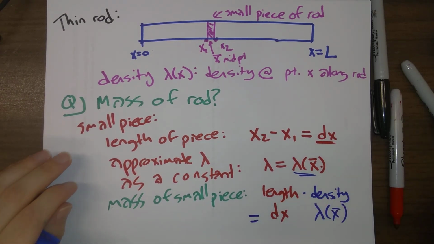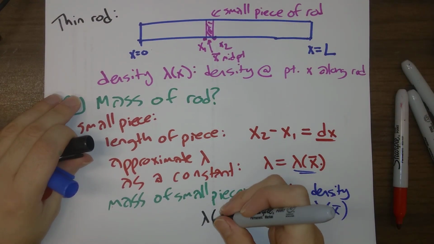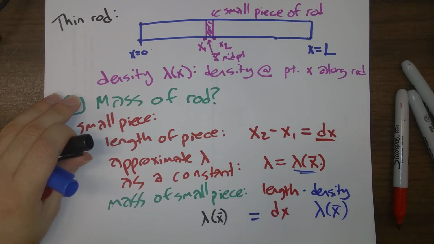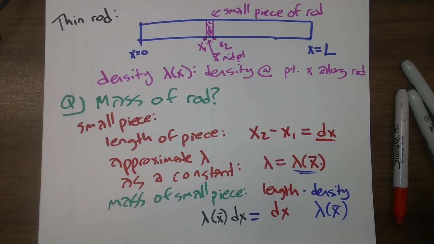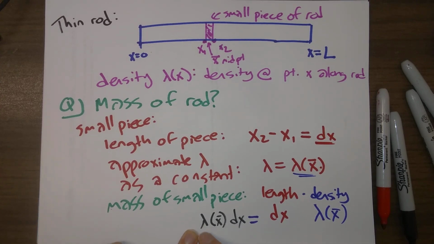Maybe it'll be a little more convenient for us to switch the order there, and put that dx second. So the mass of the small piece is lambda at one of the points in here, the midpoint, times dx.